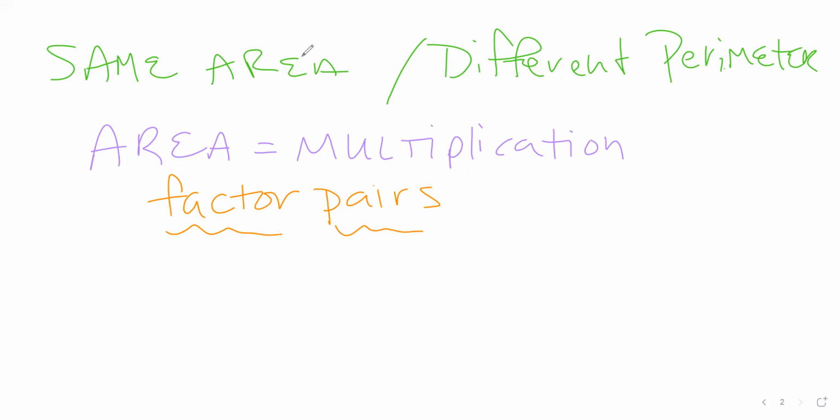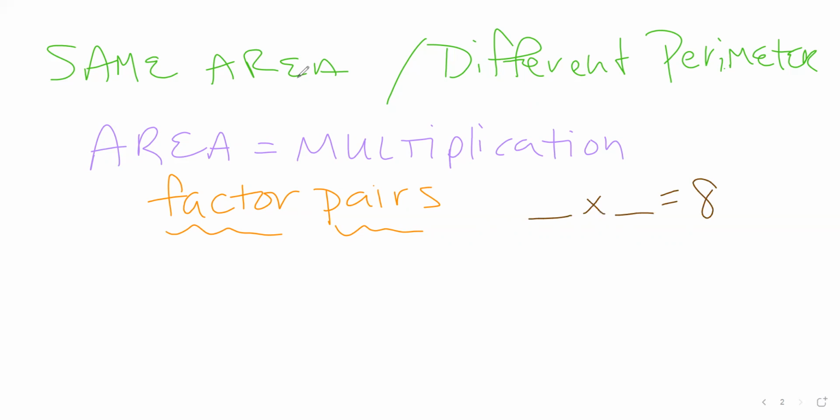And what's a factor? Maybe that's something we've already forgotten, and that's okay. It happens. Factors and factor pairs are the two numbers we multiply to equal a product. For example, maybe I want the product 8.